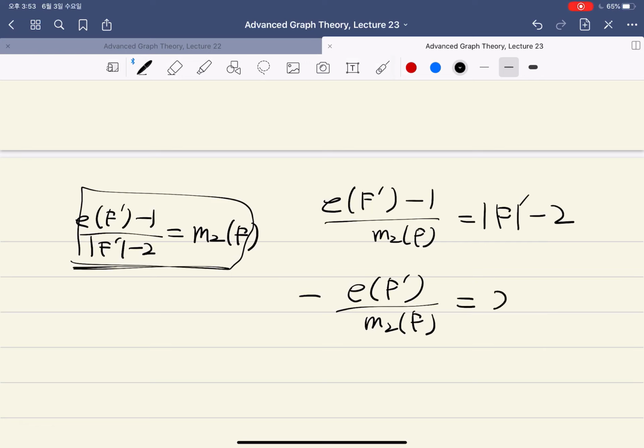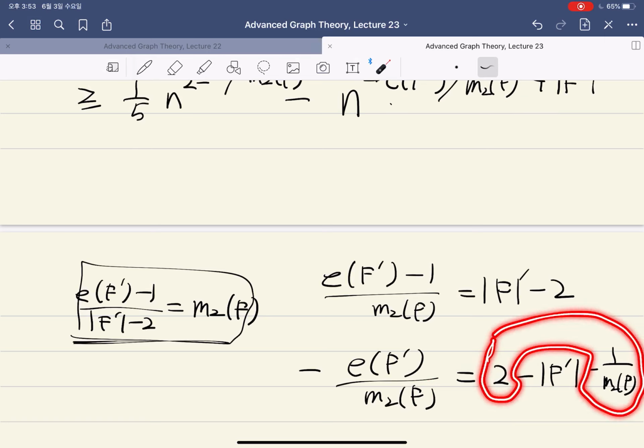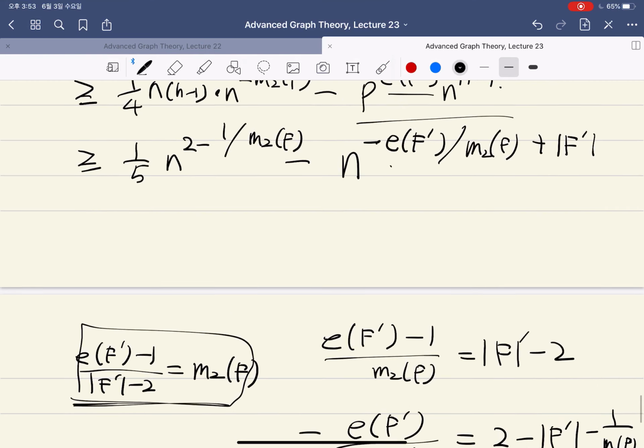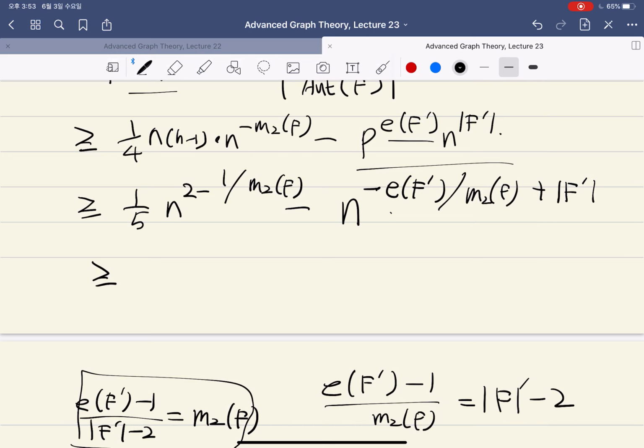This is the same as 2 minus e of F prime, plus 1 over m2 of F. So here you move this onto here, then this is the same as 2 minus 1 over m2 of F. So from that you can actually prove that, give me a moment, this is at least 1 over 10 times n squared minus 1 over m2 F.